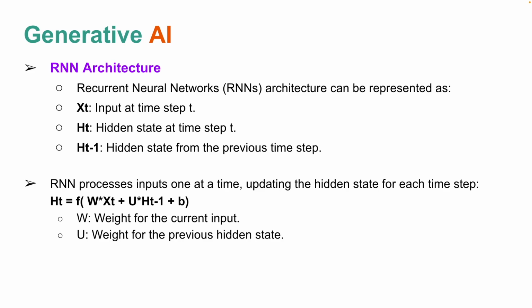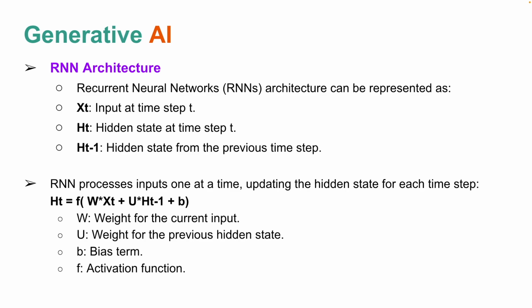U defines the weight of the previous hidden state. If there is a previous hidden state, then you will define the weight of the previous hidden state. B defines the bias term. F defines the activation function. XT defines the input at timestamp t, and HT minus 1 defines the hidden state from the previous timestamp. This is the basic formula by which a hidden state can be calculated at a particular time t in the RNN architecture.